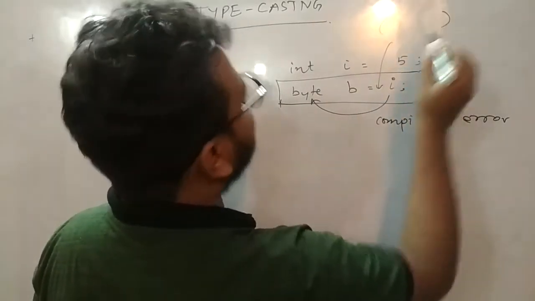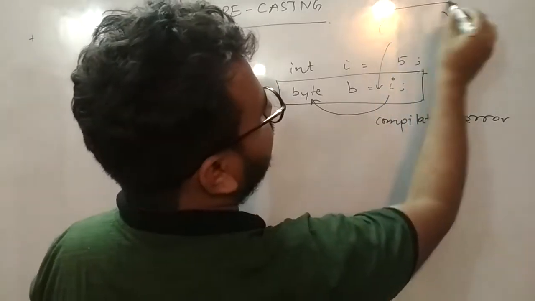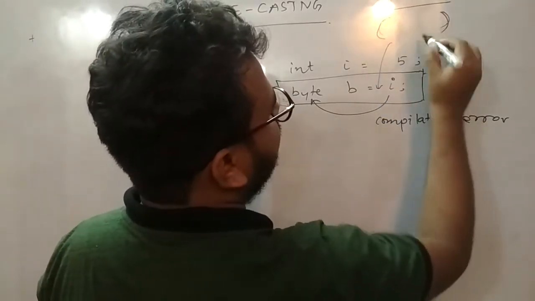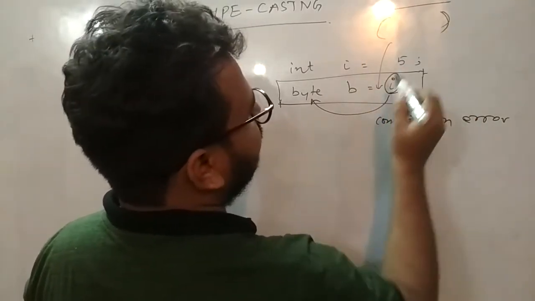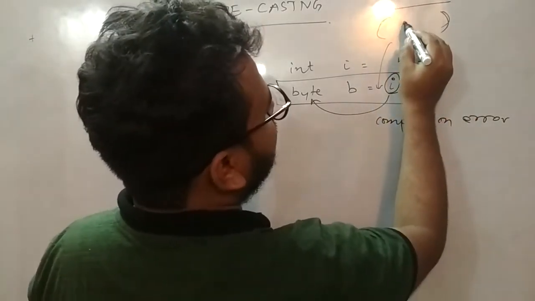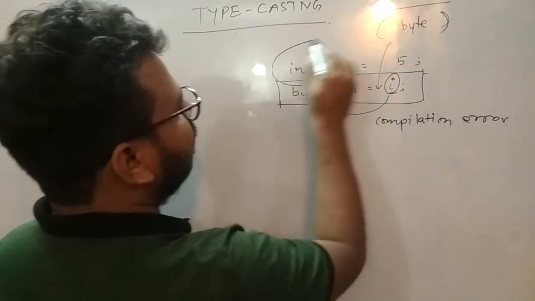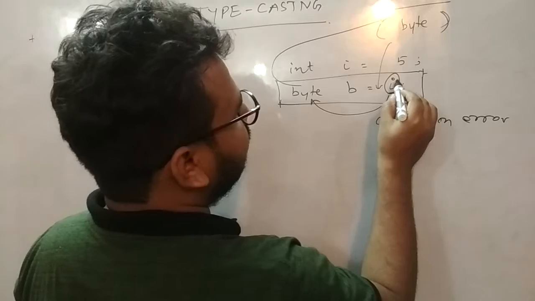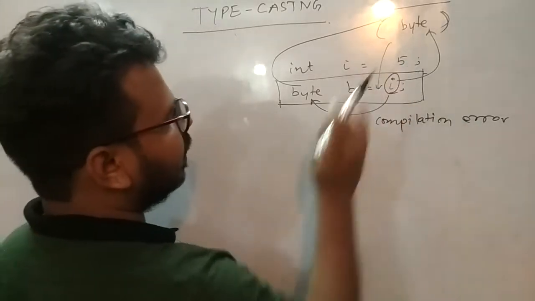So for typecasting, that is called typecasting, we have to use parentheses. This is the symbol for casting. It is always used before the actual variable, here i. So we have to write the type into which we are going to cast. We are casting integer into byte, so we will write byte here.